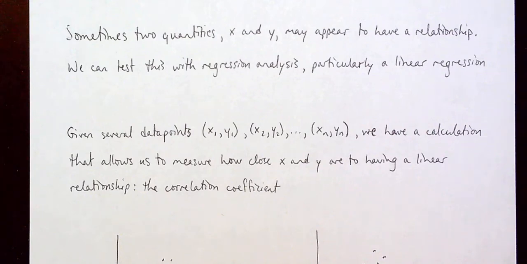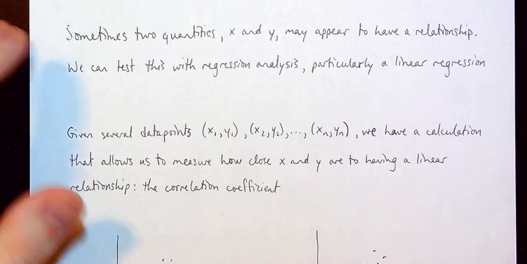And if we want to see if there is truly a linear relationship between these two quantities, x and y, we have a calculation and a particular number that allows us to measure how close x and y are to having a linear relationship, and that number is called the correlation coefficient.